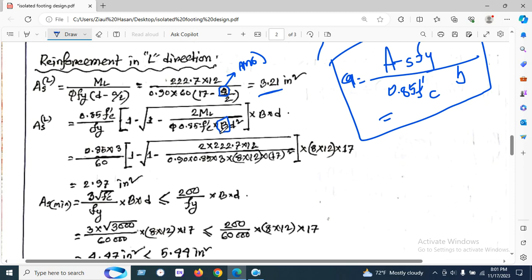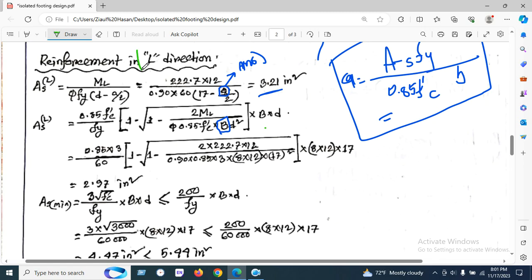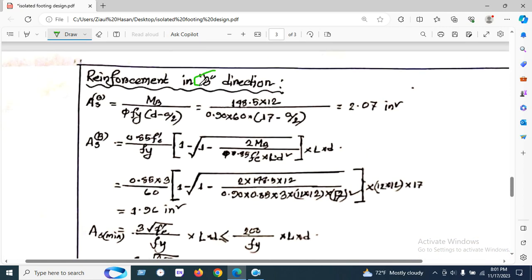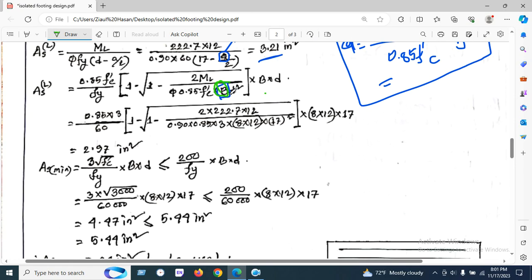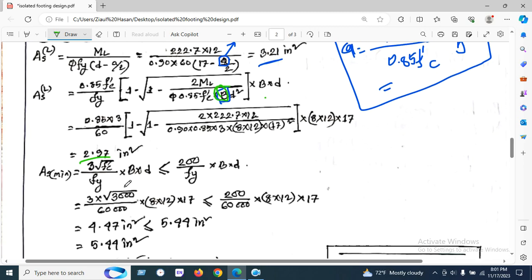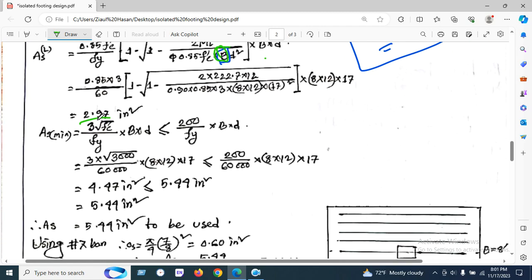Note that when we calculate the L direction, we use B; when we calculate the B direction reinforcement, we use L. Here B is 12 feet. Putting all values we found 2.97 inches square. So at first we found 3.12 inches square, and now 2.97 inches square.